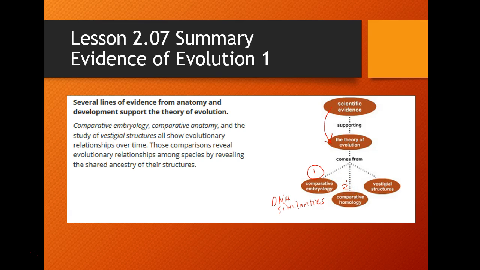We have comparative homology, where we looked at the homologous structures. Remember, this was like the forelimbs of all those organisms, like the bat, the penguin, the alligator, and the human, which all had similar bones. And then we had the vestigial structures, which were those useless structures for modern day organisms that were possibly useful to a previous ancestor, but since the environment changed, are no longer useful for the modern day organism.